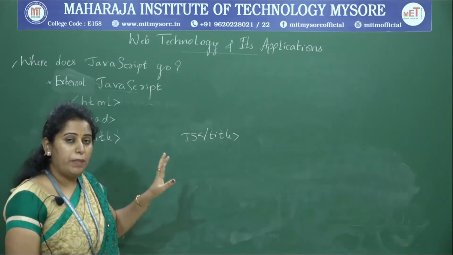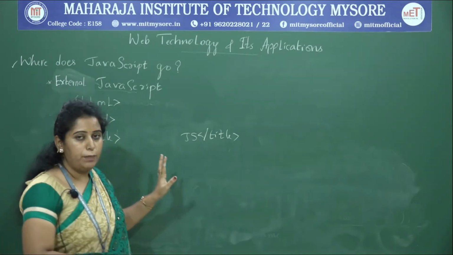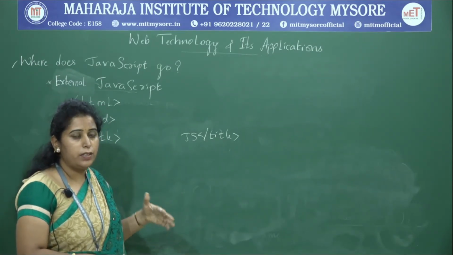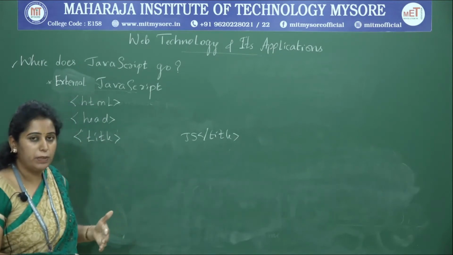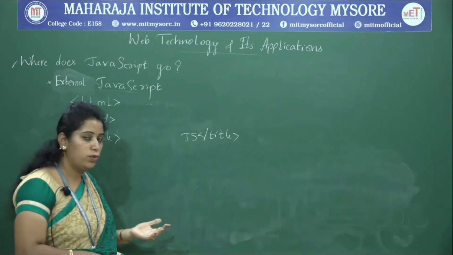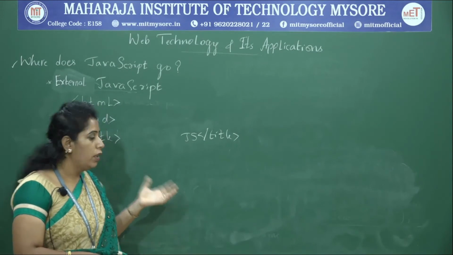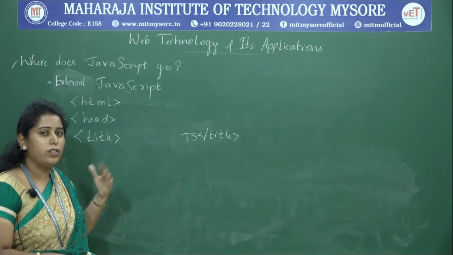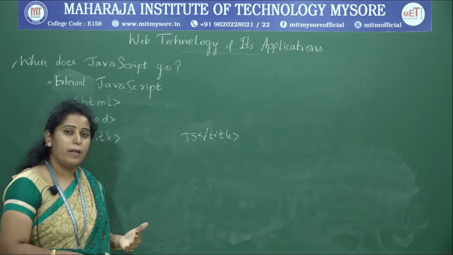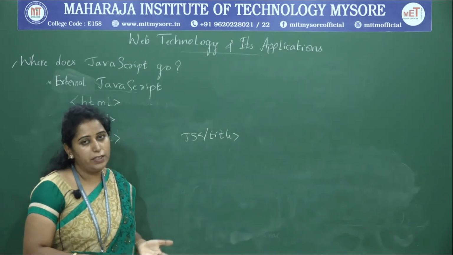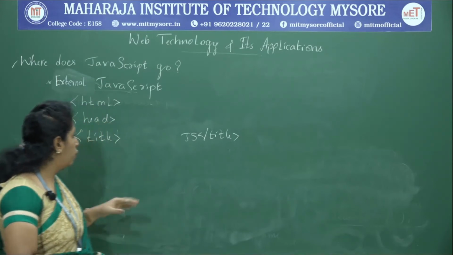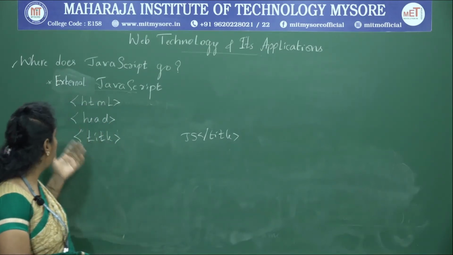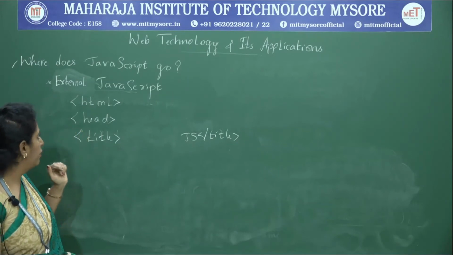Making use of an external JavaScript is more advantageous because the code is more readable and user friendly, since the JavaScript code will be in another text file. It will be easier for a programmer to debug and for maintenance also. Code reusability will be more flexible once you make use of an external JavaScript.